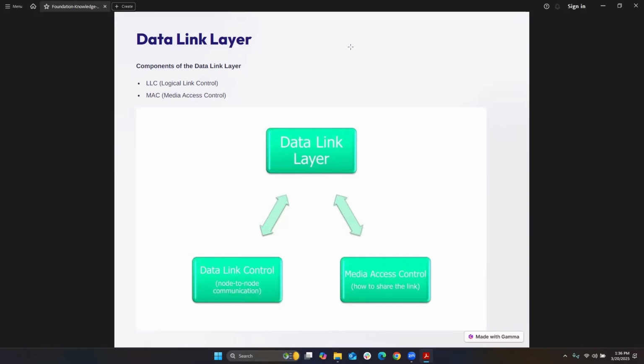It uses a unique address called a MAC address to identify the devices uniquely, and it also prevents collisions. It uses methods like CSMA/CD for wired Ethernet and CSMA/CA for Wi-Fi to avoid two devices sending data at the same time. For example, every network device like a phone, laptop, or router has a unique MAC address. So when you connect to a Wi-Fi, the MAC sublayer ensures that the data is sent to the correct device. So that's all about the layers.